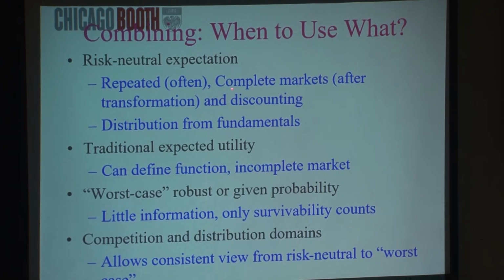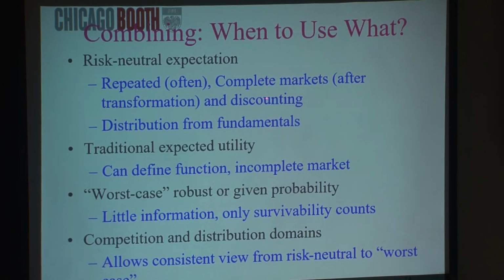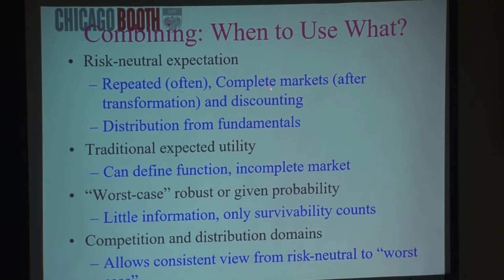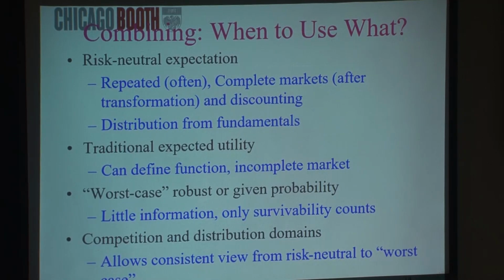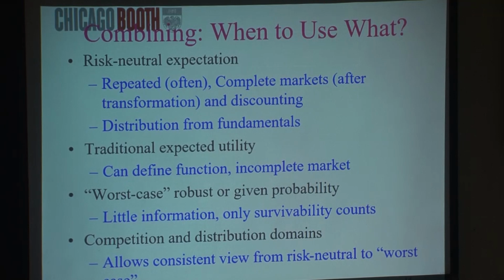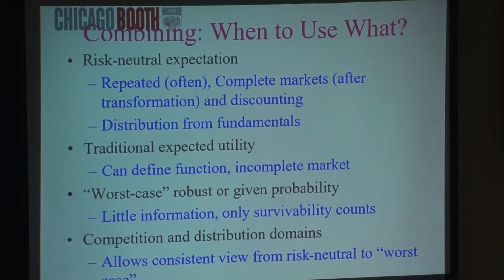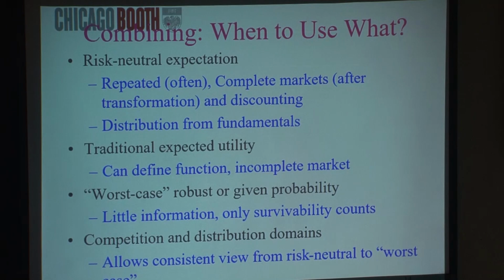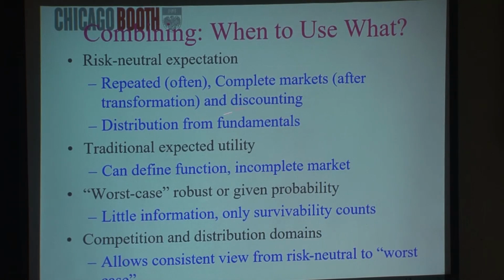It certainly makes sense in financial models, because if I have a complete market, I can always adjust the probabilities so that I just use risk neutral. So if you've done option pricing, you can always change the probability measures and then just use risk neutral, just take expectations. So with complete markets, you can always just take expectations and then discount.